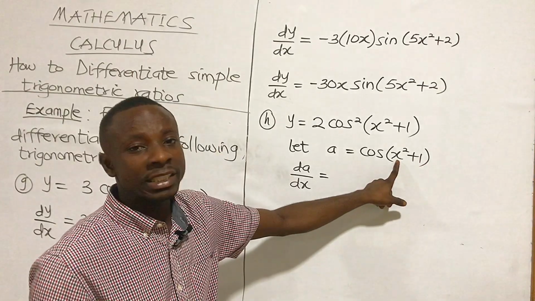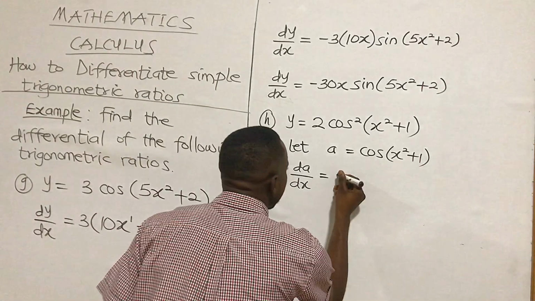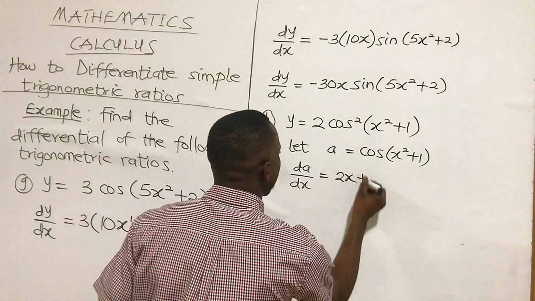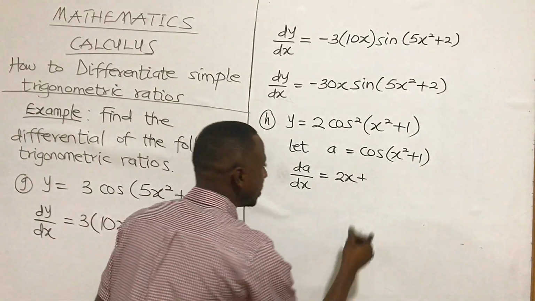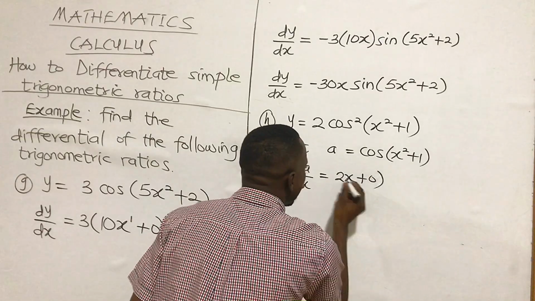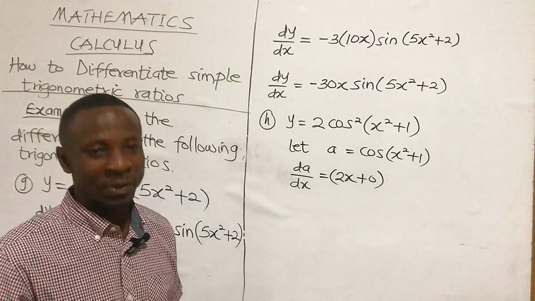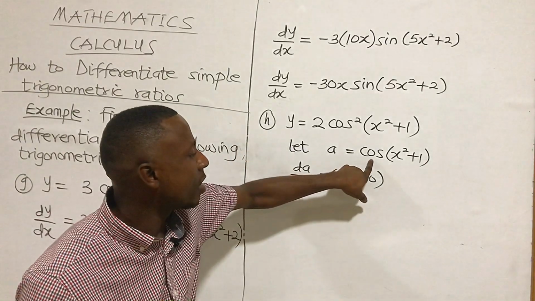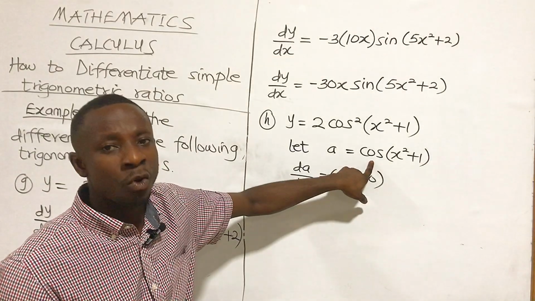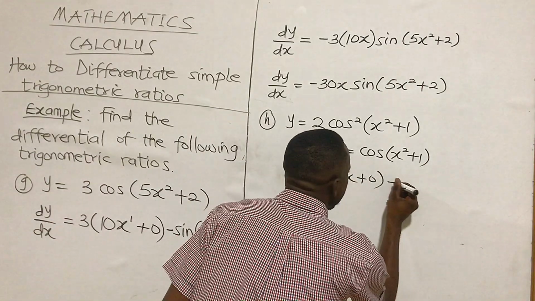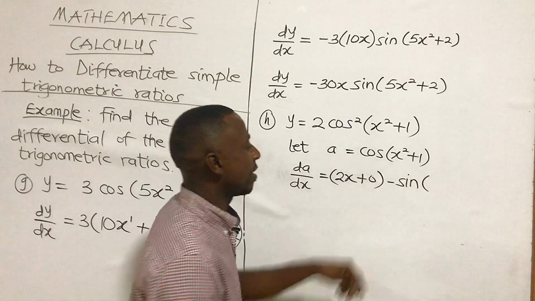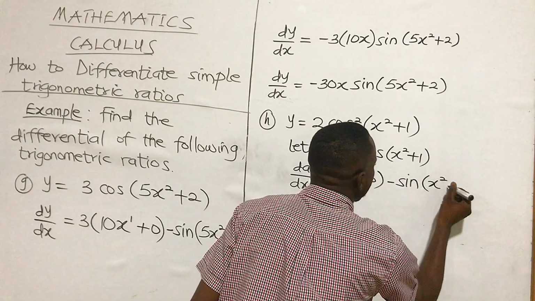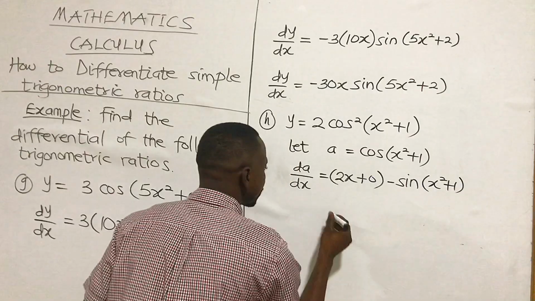So when I differentiate x squared, I have 2x plus, when I differentiate 1, I am getting 0 because 1 is a constant. Then I will now differentiate the cos itself, and I have minus sine multiplying the function which is x squared plus 1.